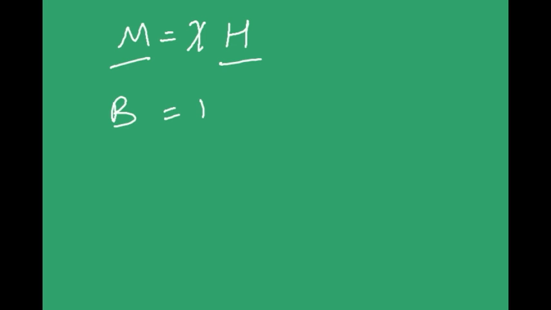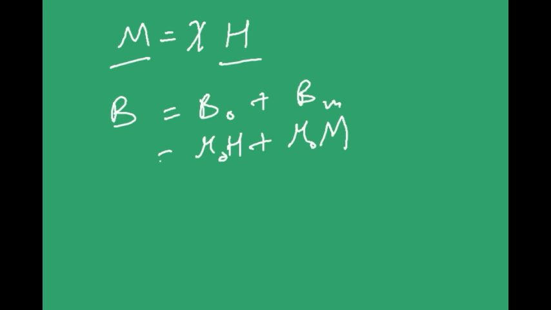B naught plus Bm, and Bm can be written as magnetization into this mu naught, right? And B naught can be written as mu naught times H. Now I can write M as chi into H, susceptibility into magnetic intensity. Of course, here I have mu naught.